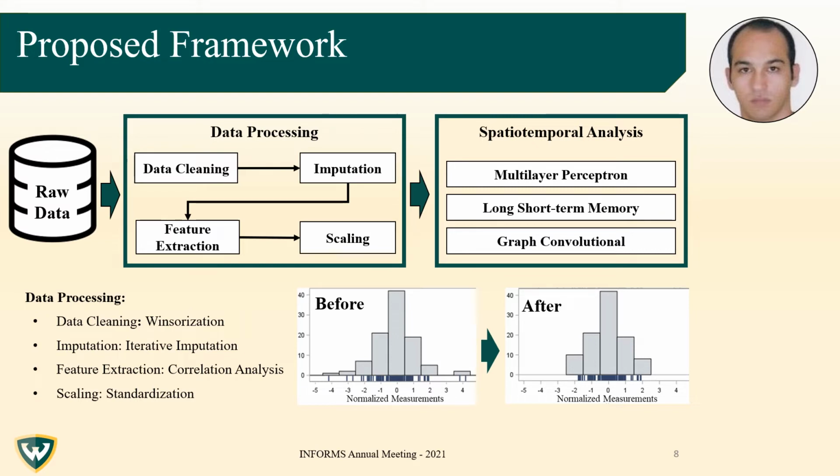In the figure, you can clearly see the effect of normalization and winsorization. Regarding the spatiotemporal analysis, we used three different classes of neural networks, namely multilayer perceptron, long short-term memory, and graph convolutional network. I will explain each network in the upcoming slides.